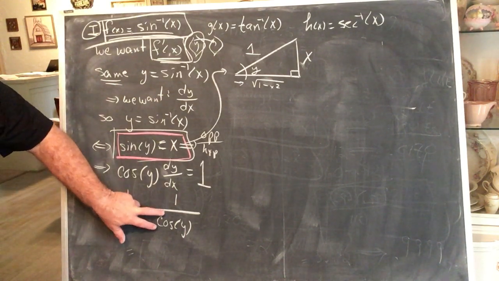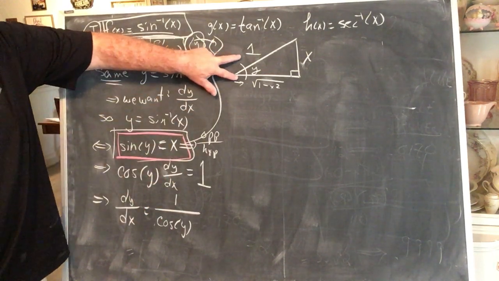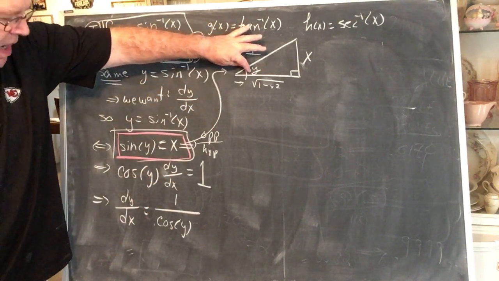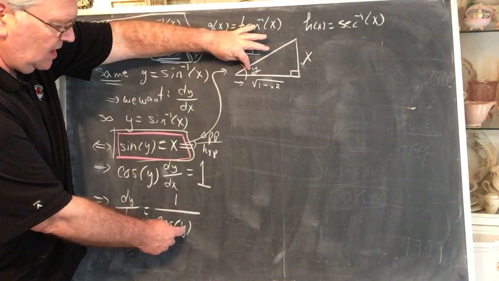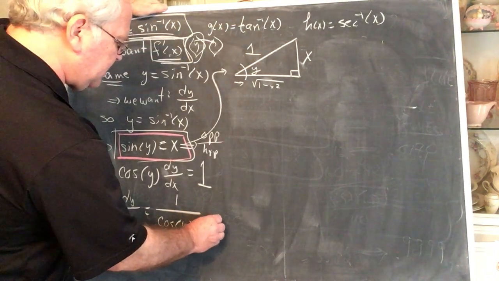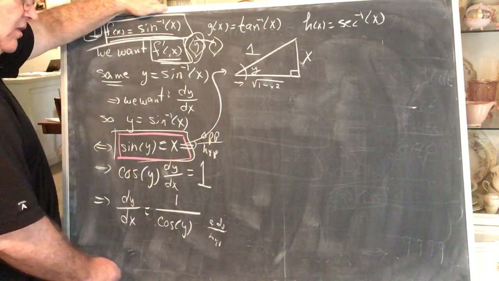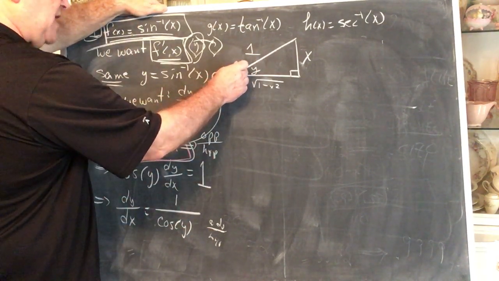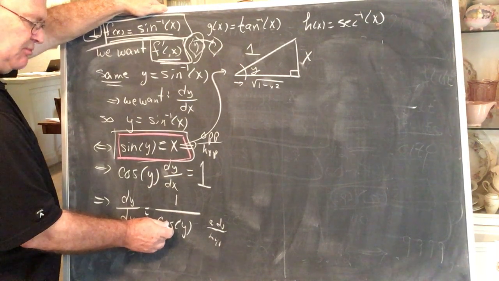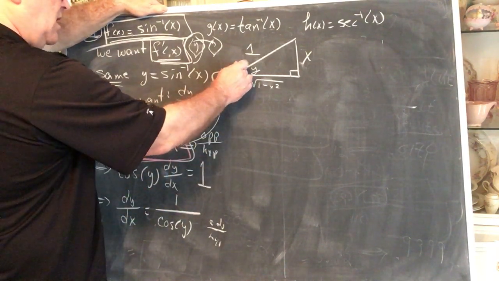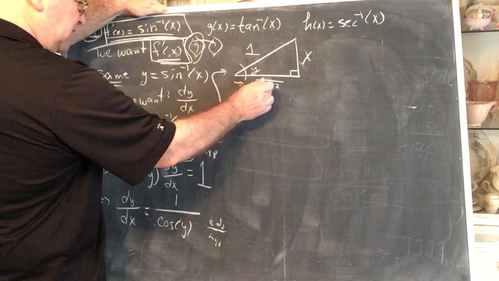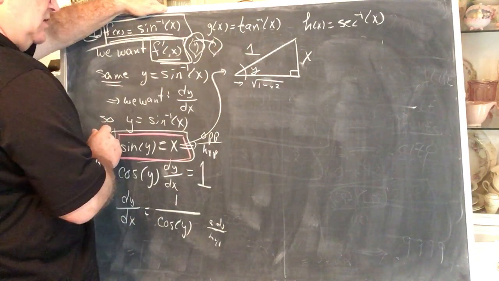Well, we take cosine of y and we look in this triangle and find it. We know that y is the angle in question. We know cosine is adjacent over hypotenuse. Right? So the cosine of this angle is adjacent divided by the hypotenuse.